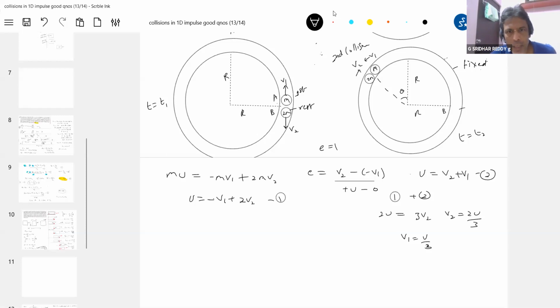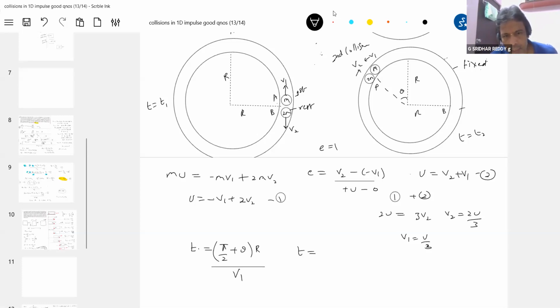Time taken by ball A to move from this position to point B should be equal to how much? Total distance covered by it will be (π/2 plus theta) times r, the arc length, divided by V1.